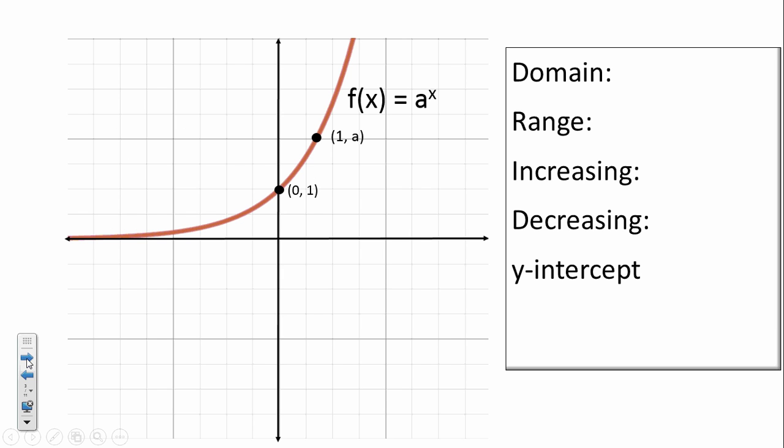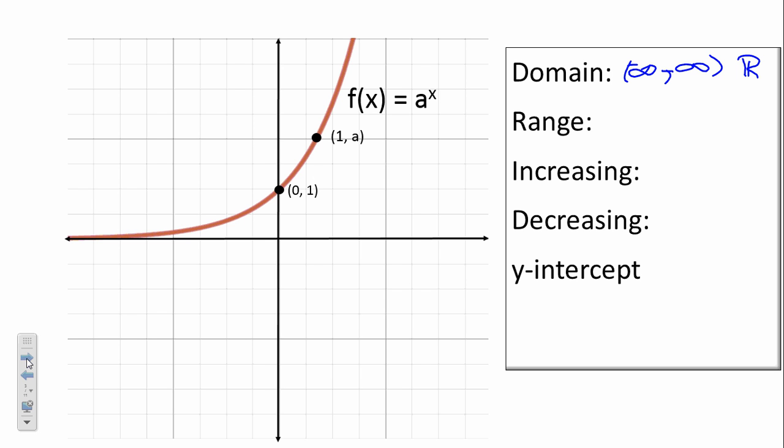Everybody got the graph jotted down, sketched out? Okay. What's the domain of this function? All reals. We can be anything, right, for as far as x is concerned. So negative infinity to infinity are all real numbers.